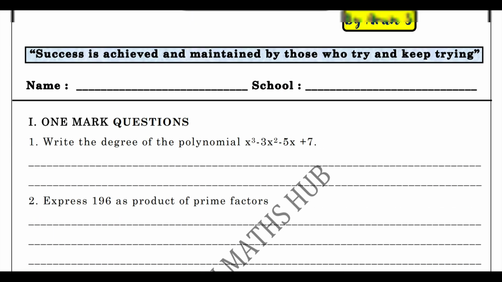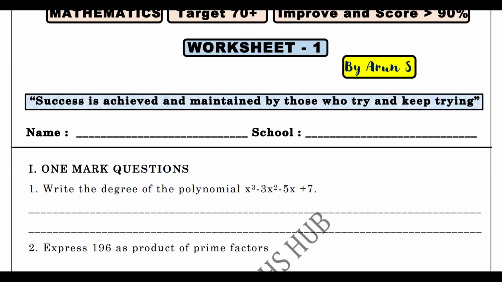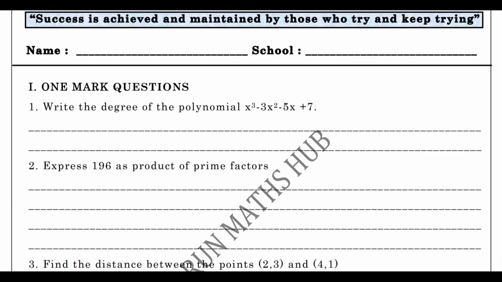Dear students, the first question: write the degree of the polynomial x cube minus 3x square minus 5x plus 7. In this polynomial in variable x, what is the variable here? The variable is x. For variable x we have power 1, then 2, then 3.